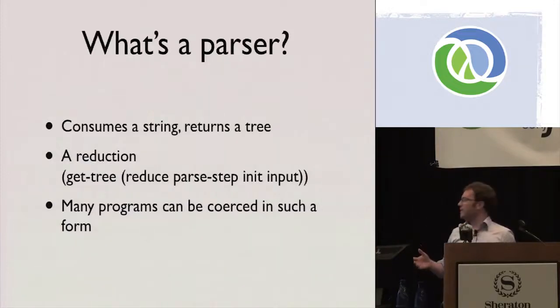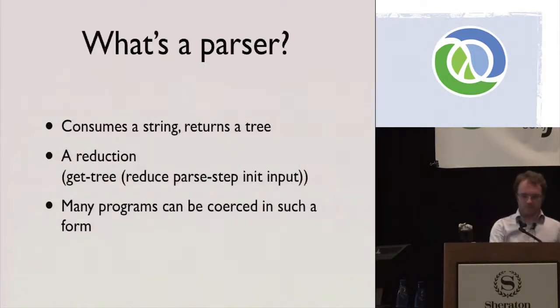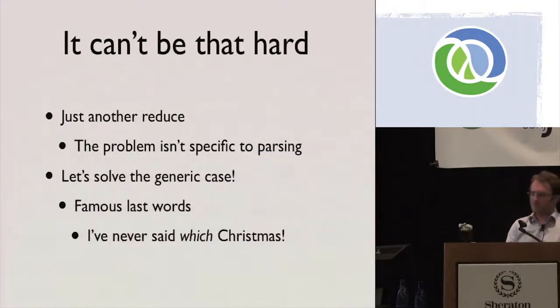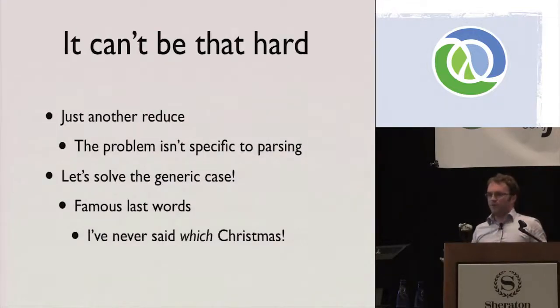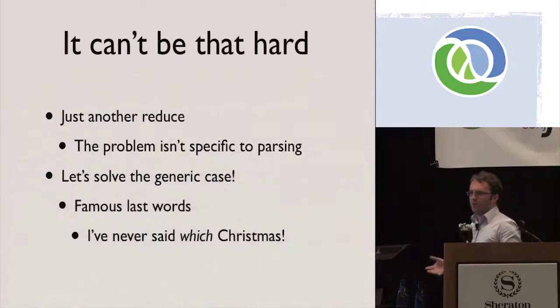And many, if not all, computations can be reduced into something which resembles that expression. So the problem of turning a parser into an incremental parser seems to be a general problem. So let's try to solve the generic case.